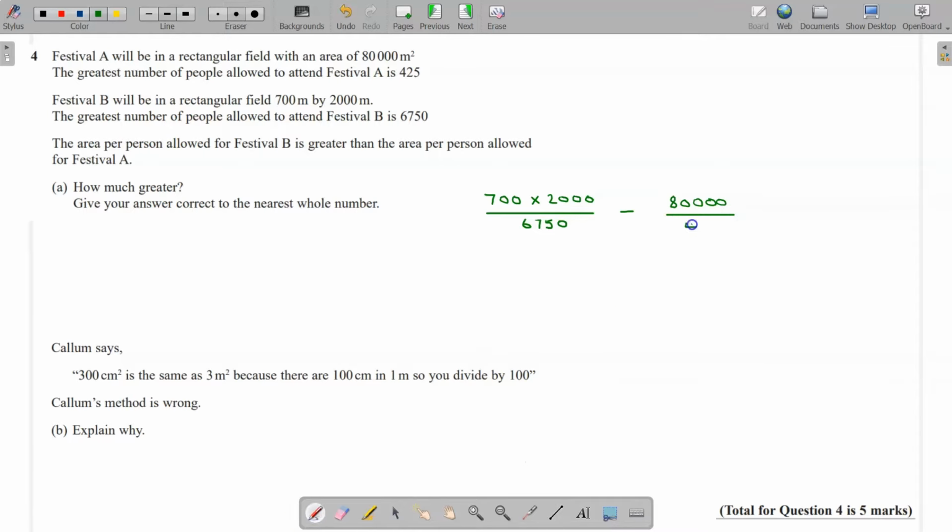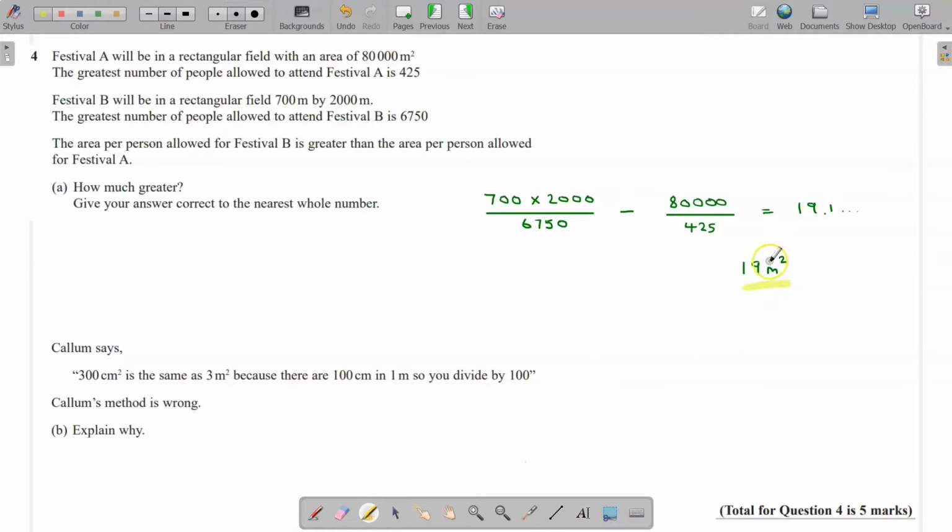If you do that subtraction and put that on the calculator, you get about 19.1 something. So the answer is 19 meters squared. That's all you need to do to answer that question.